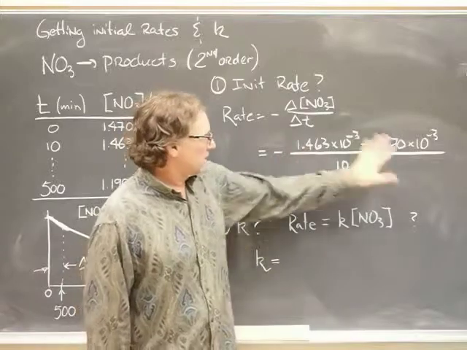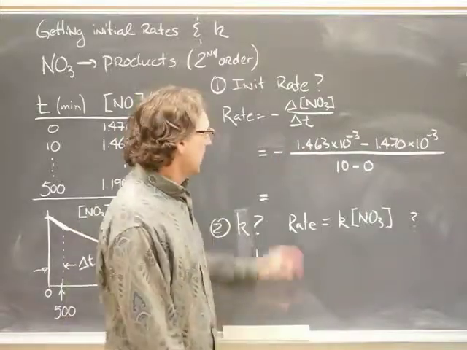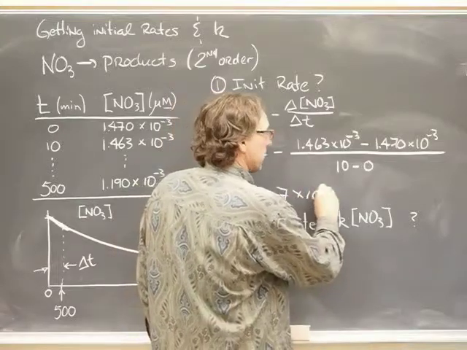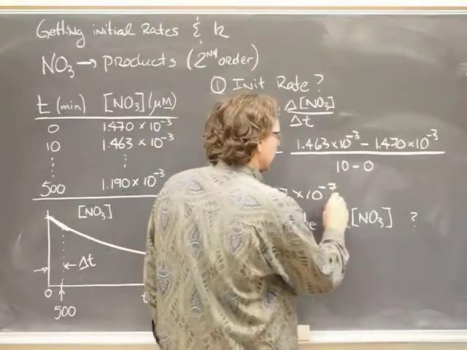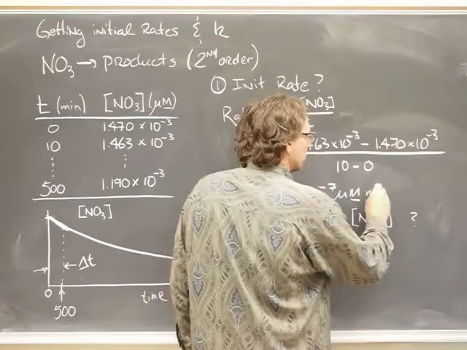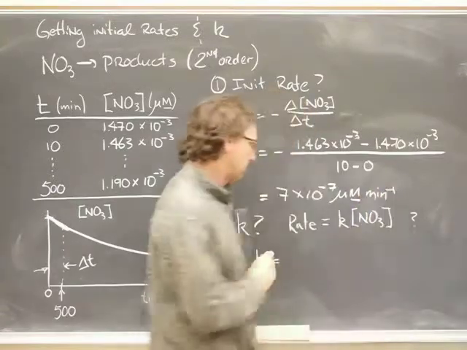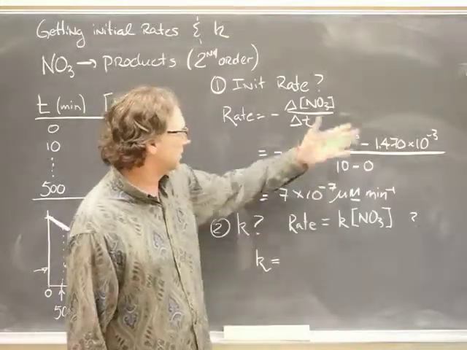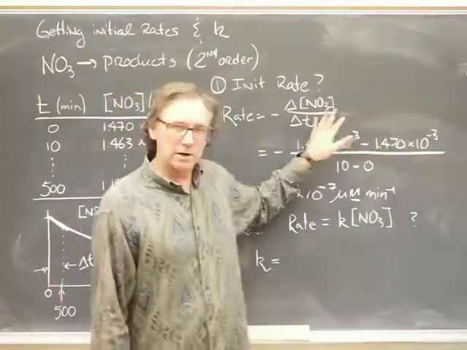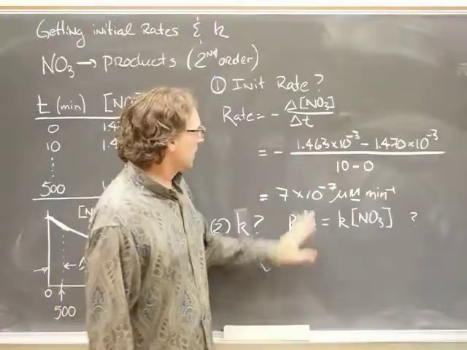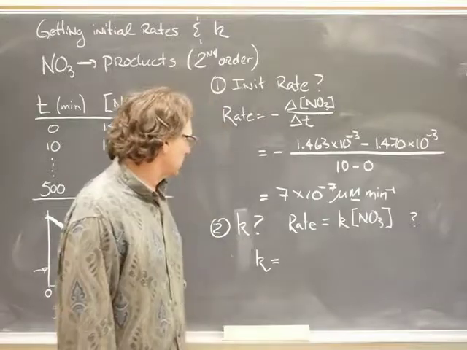If you carry out that calculation, what you get is 7 times 10 to the minus 7, and the units have to be micromolar per minute, which I'm going to write as micromolar minute to the minus 1. So that's the rate. And you can see that it's a positive number because the numerator was a negative number, and that cancels out that negative there. So we got the rate from the initial time-concentration data.